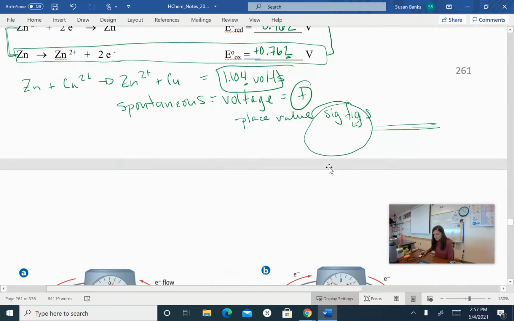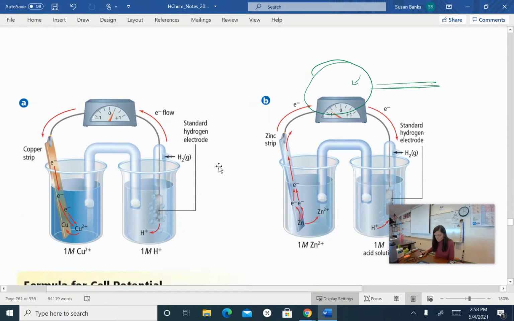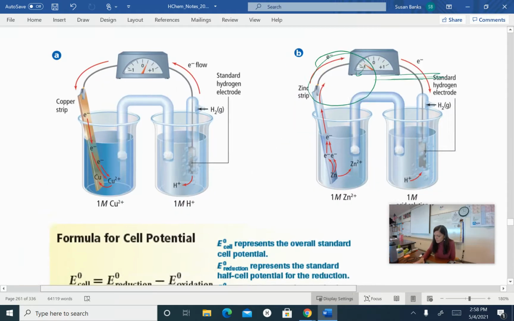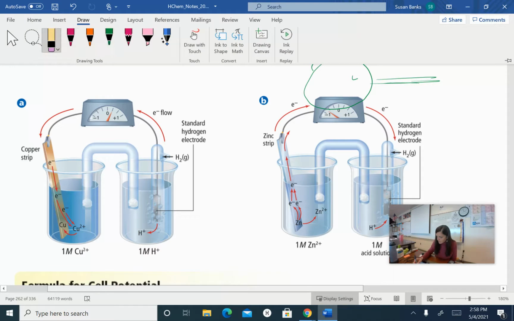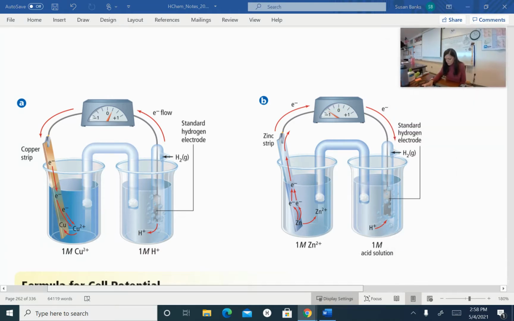All right, let's do a couple more practice problems. Let's do some more practice with some cells here.